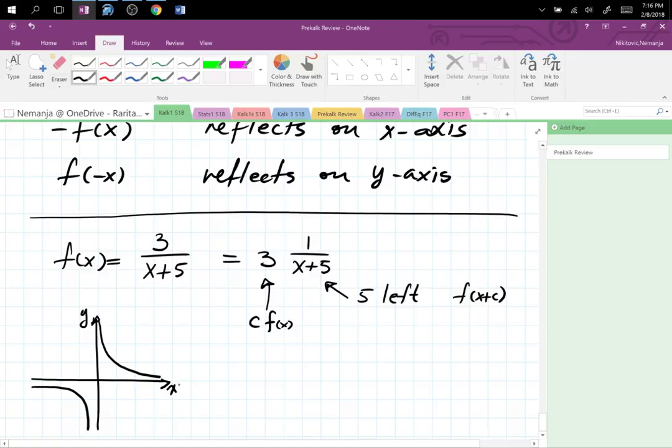And now I have to move it 5 units to the left, which means that the vertical asymptote, which used to be where the y-axis is, is now going to be 5 units to the left. And this vertical stretch is not really humanly possible to do a good job at, so if we keep the same shape, we're pretty much good to go.